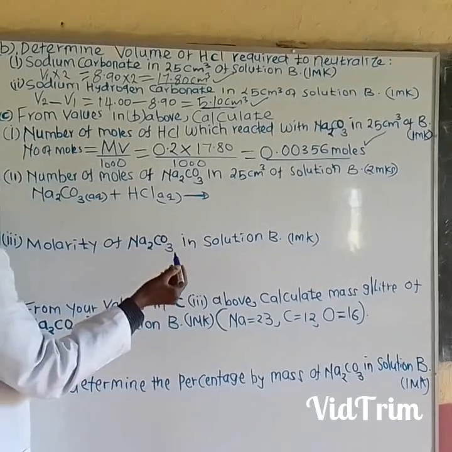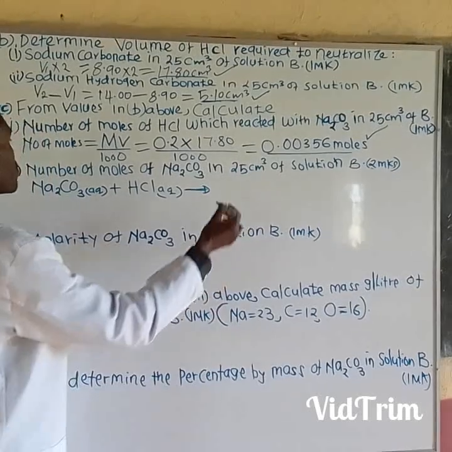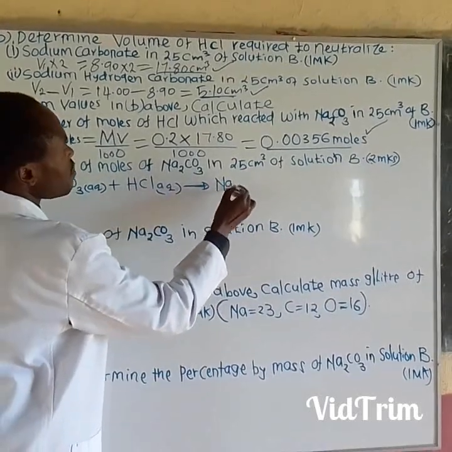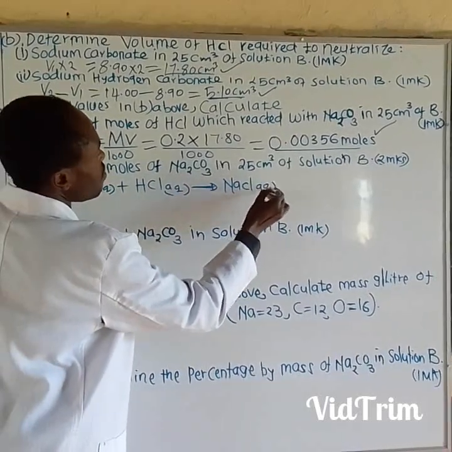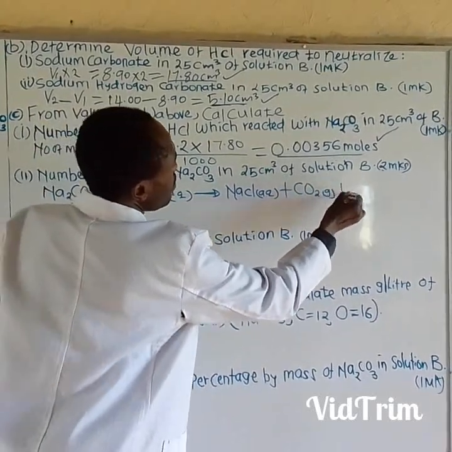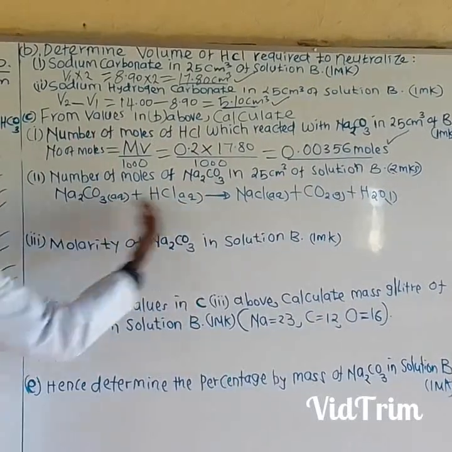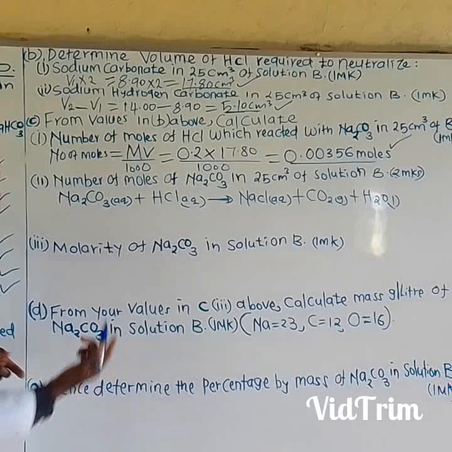This gives us a salt, carbon dioxide and water. So the salt is sodium chloride plus carbon dioxide gas plus water liquid. Then you have to balance the equation to get the mole ratios.